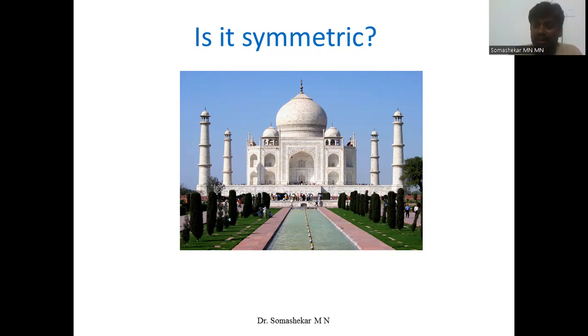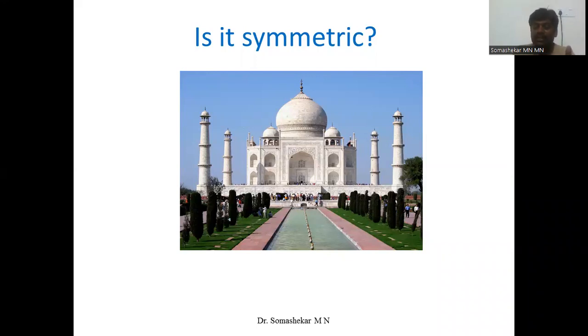You just do one thing. You cut this object into two equal pieces, two equal halves, like this. If one part of the picture is the same as the other part, one side is the same as the other side, then it is symmetric.